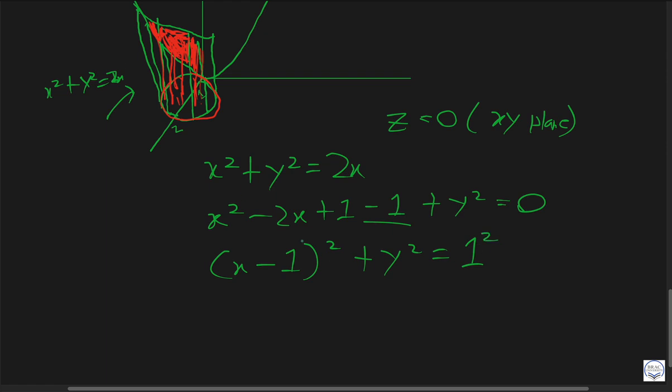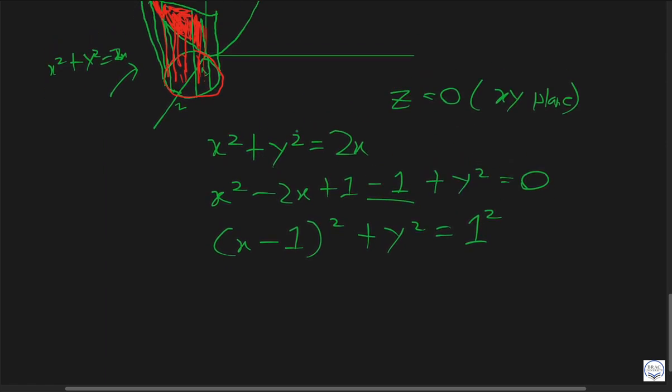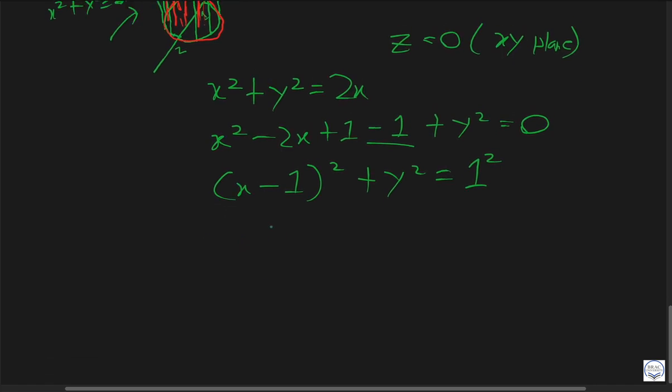This means that our circle, now we can draw a two-dimensional diagram on the xy plane, which will help us solve our problem. The center of the circle is at (1, 0), and it has the radius of 1, so it won't go beyond 0 or beyond 2, and it's the whole circle.